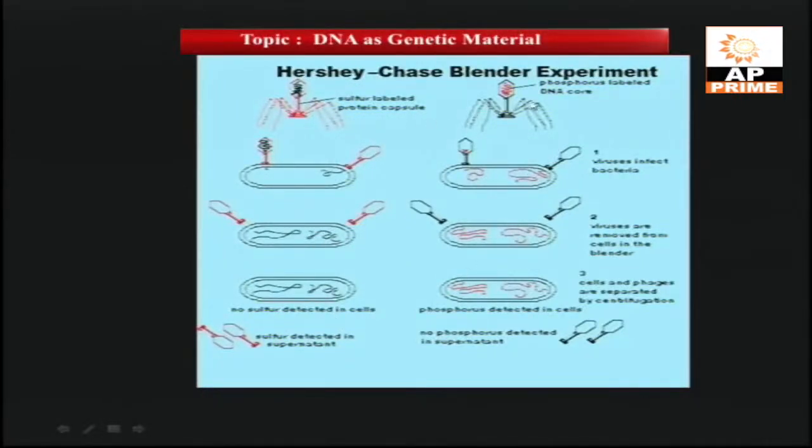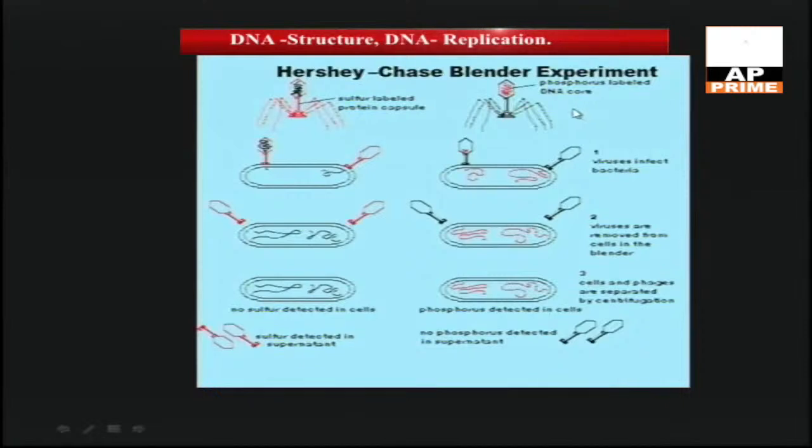Now coming to see what is happening in the second part of the experiment. In the second part, T2 phages were grown in medium containing phosphorus-32 to produce radio-labeled viruses. Because phosphorus is a component of DNA, it is incorporated during DNA synthesis. So the nucleic acid DNA is labeled with phosphorus-32 radioisotope.